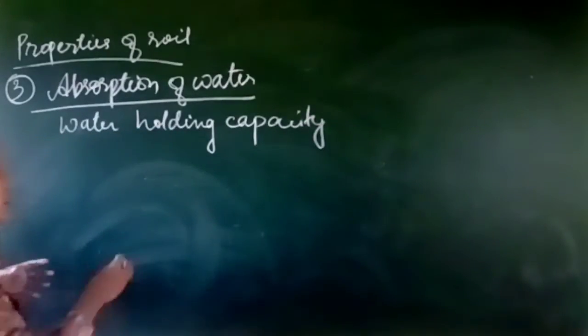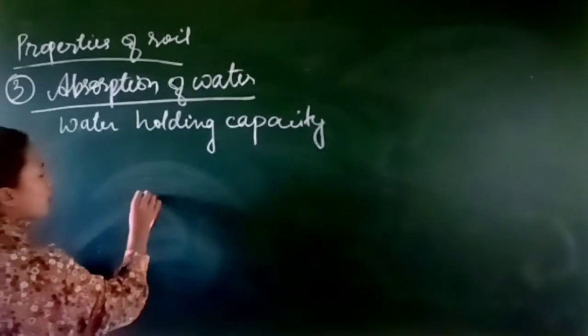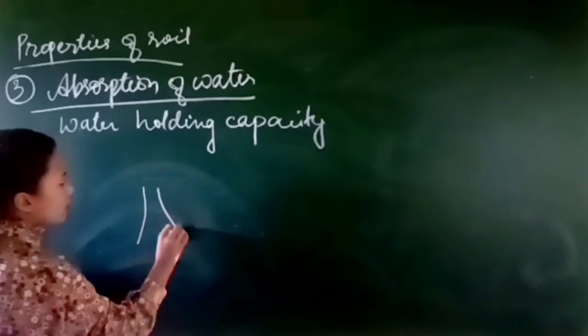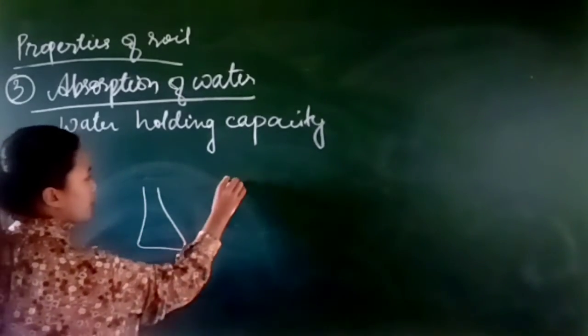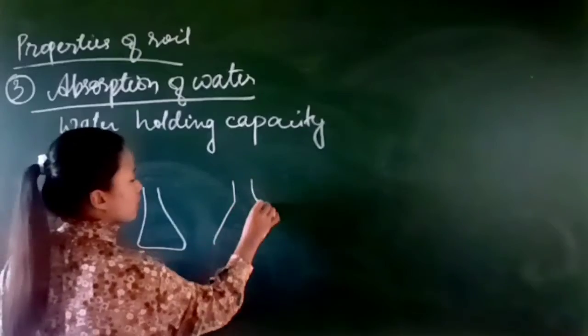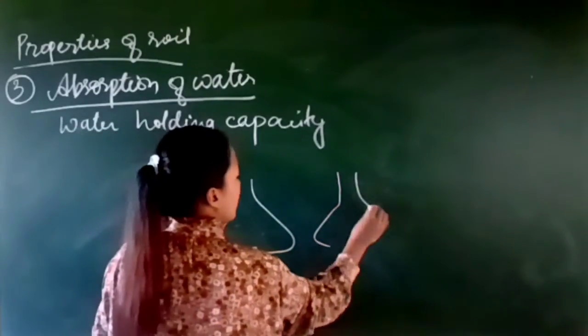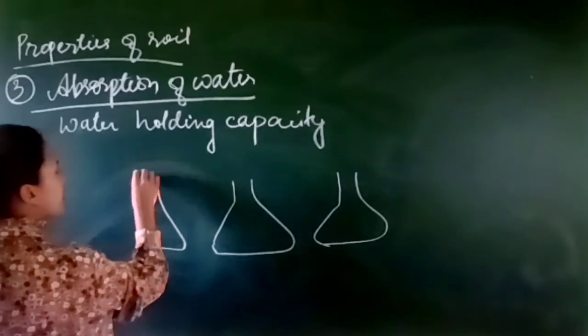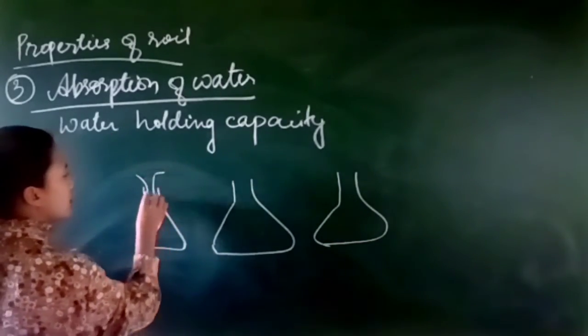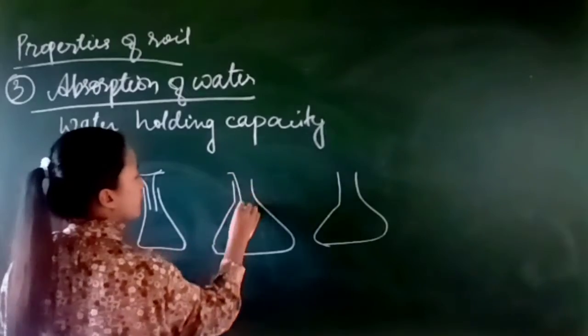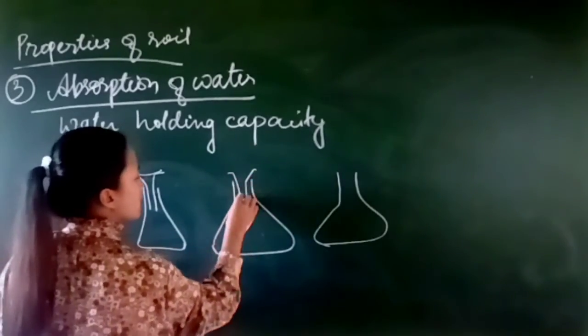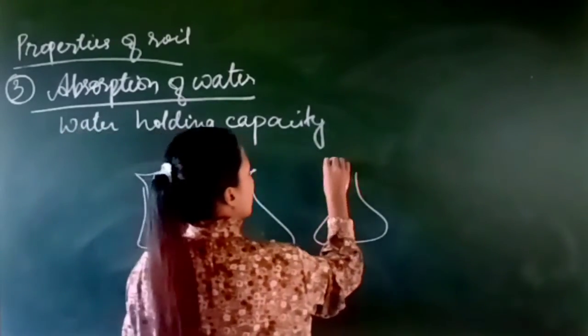For example, take three conical flasks, because we have three types of soil. This is a conical flask. Then we will take a funnel also. The funnel is somewhat like this.